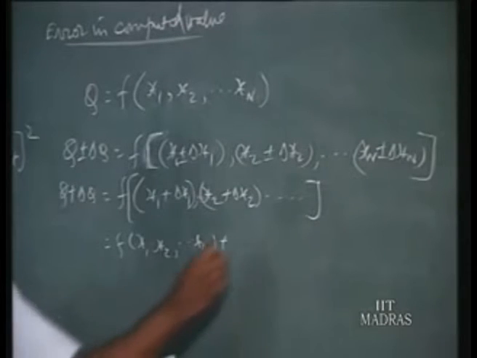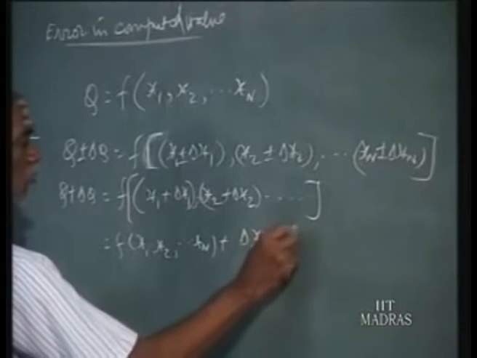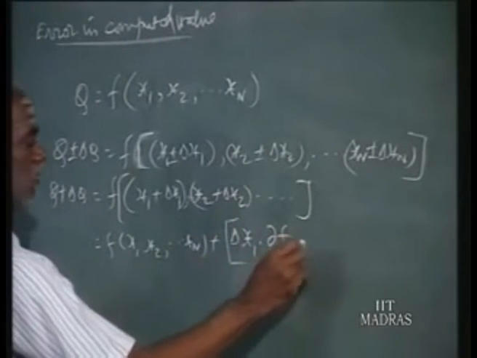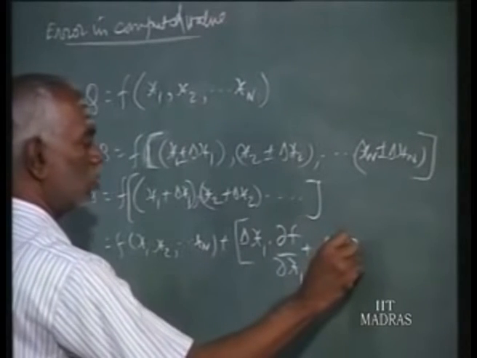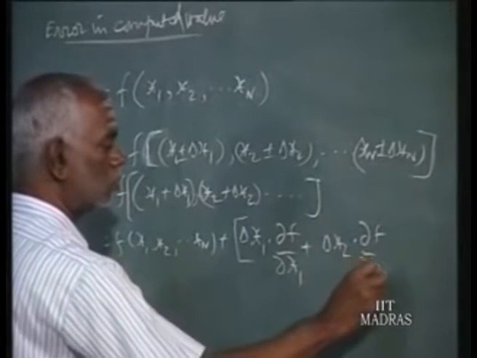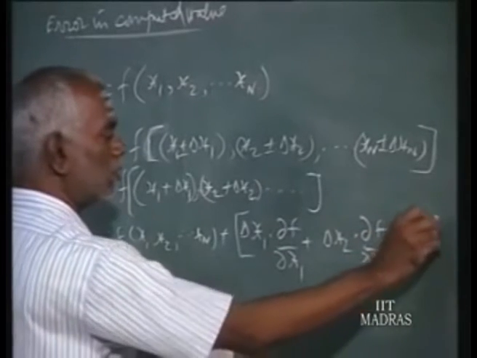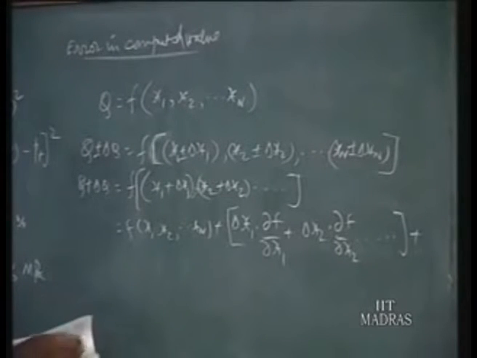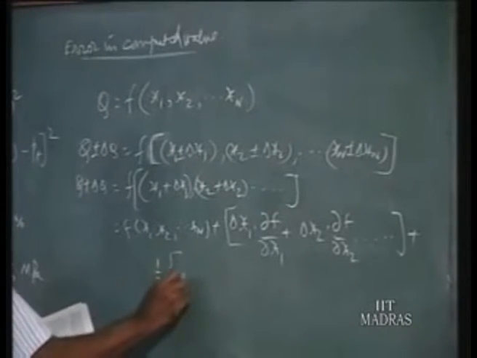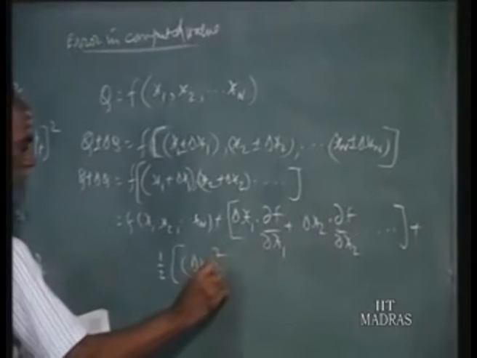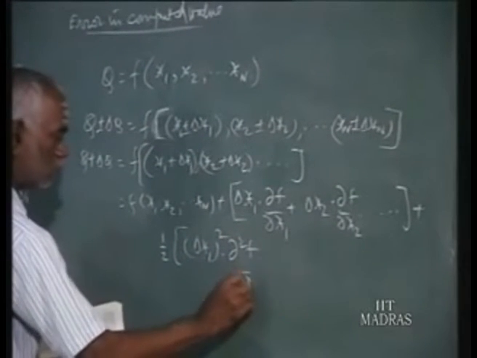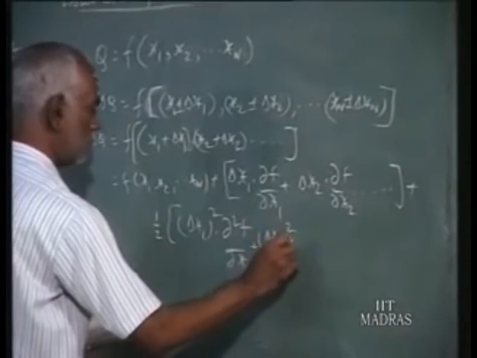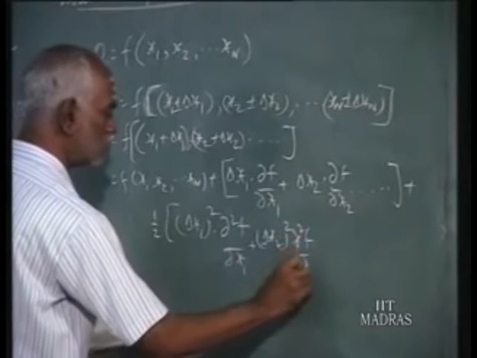delta x1 into dou f by dou x1. This is the delta x1 term, plus delta x2 into dou f by dou x2, like that, plus half of delta x1 square into dou squared f by dou x1 squared, and delta x2 square into dou squared f by dou x2 squared, and so on.